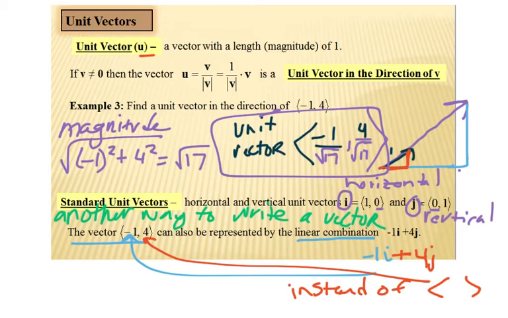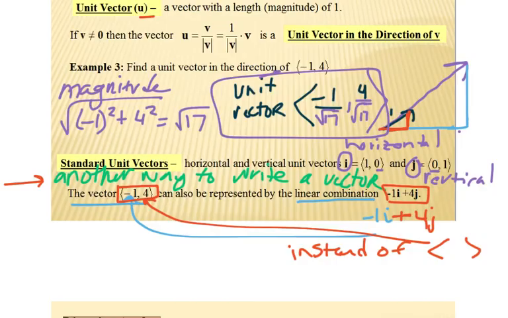So this one's probably going to catch you up a little bit, so just make sure that you understand that this is one way of writing this same vector. And they call it standard form.